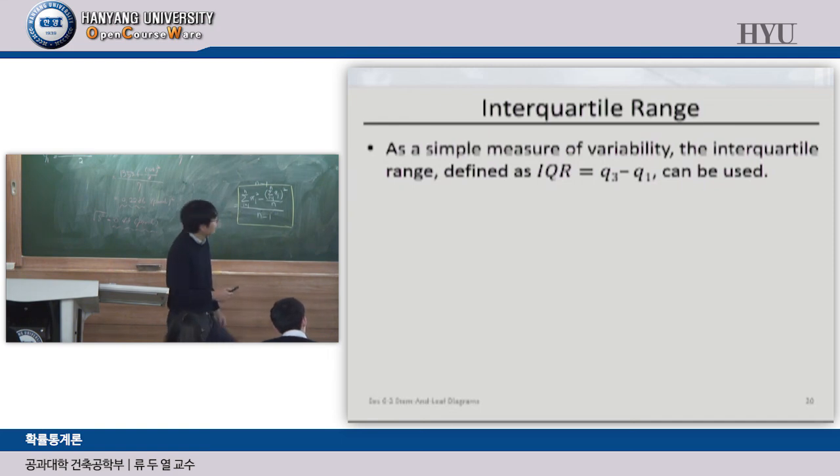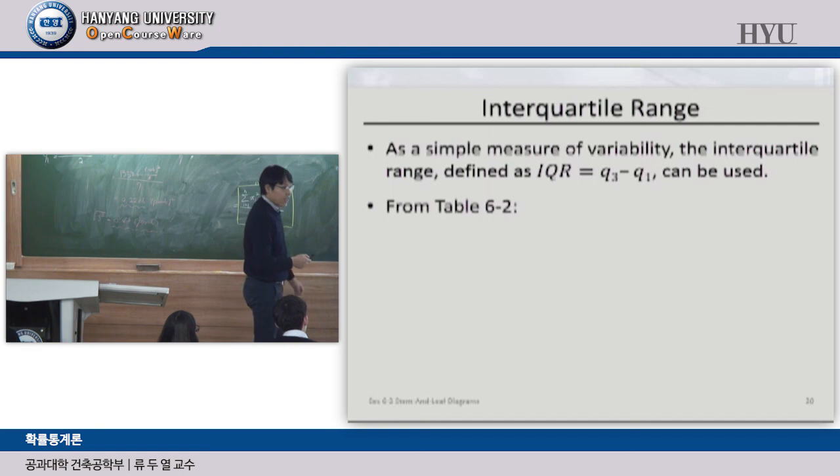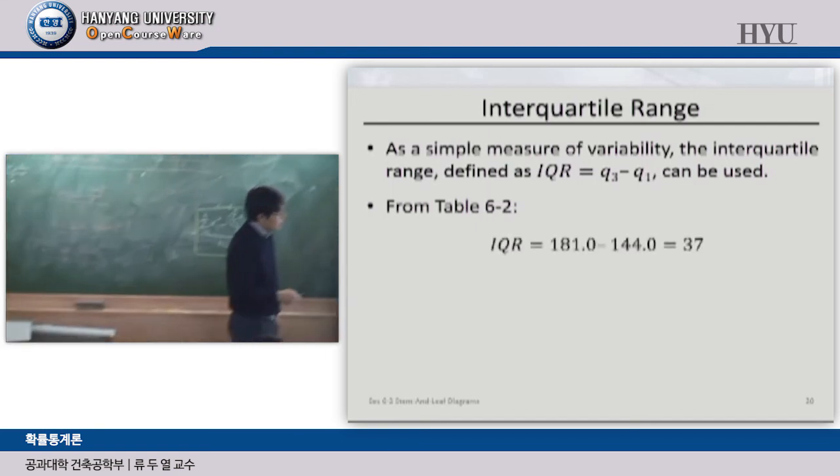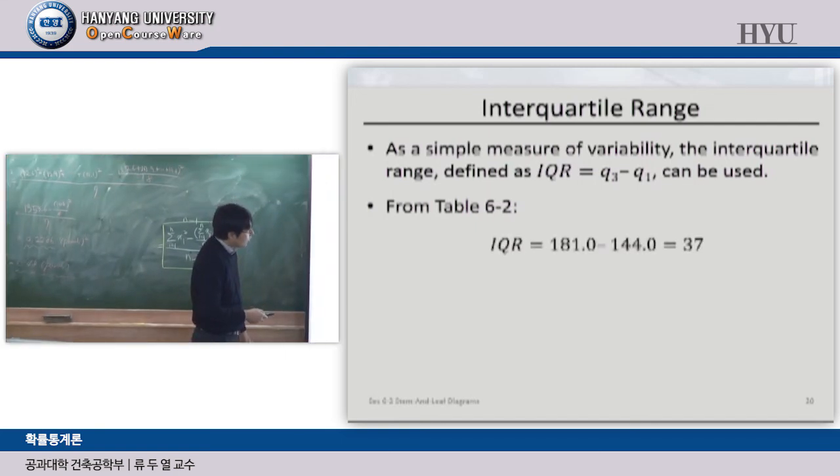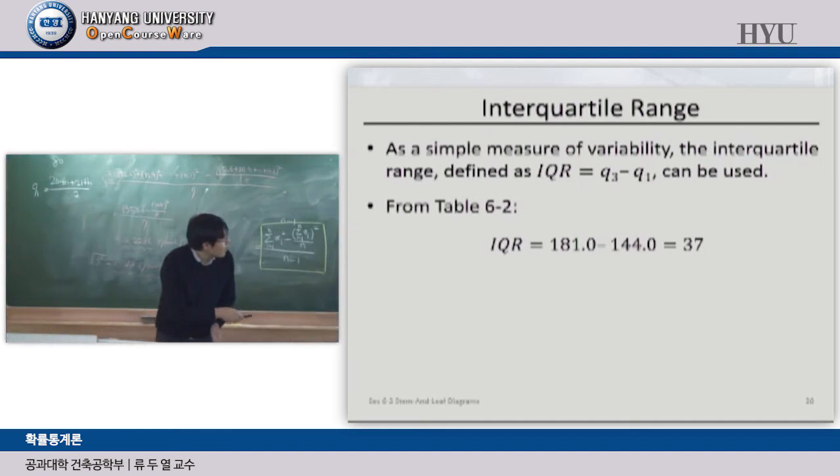And from the previous table 6-2, Q3 was 181 and Q1 was 144. So the interquartile range is equal to 37, right? Based on this interquartile range, we can presume the scatterness of the data points.